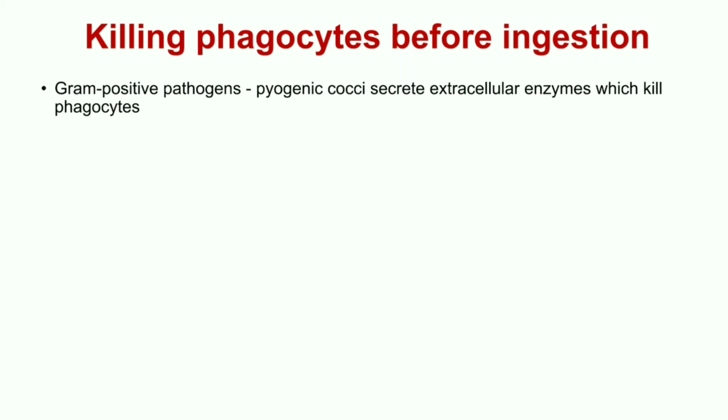These enzymes will kill the phagocytes. One such enzyme is the hemolysin. Hemolysins are those enzymes which have the capability to bring about lysis of the red blood cells.